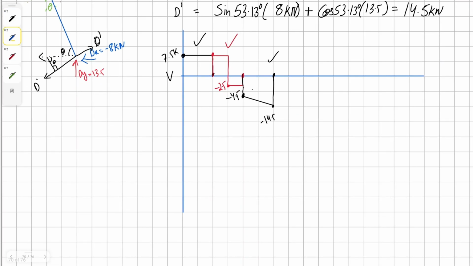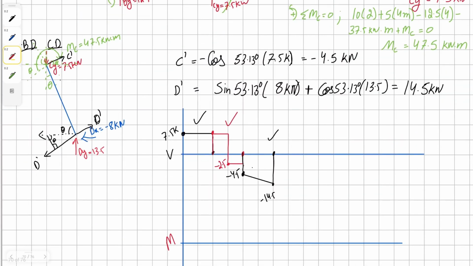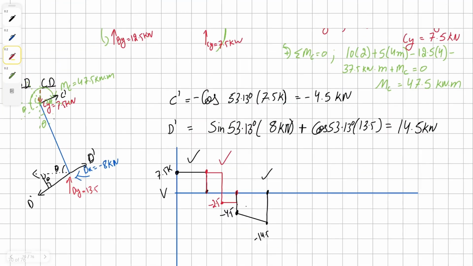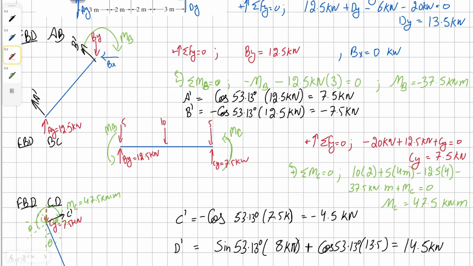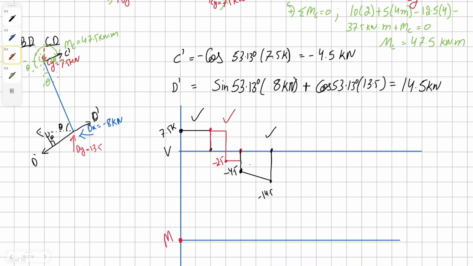Now we can draw our moment diagram. So for our moment diagram, we're going to begin at 0, and then we have moment B, but before we have moment B, we have this area 7.5 over the course of 5 meters.